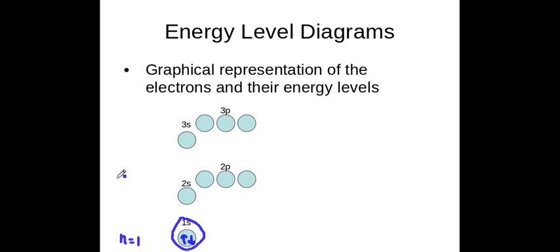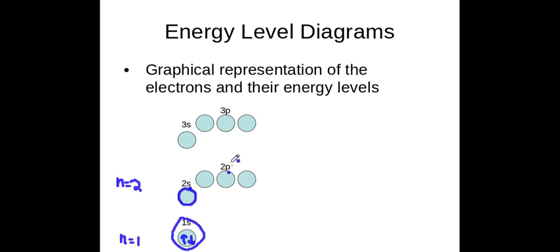Now, when n equals 2, the second energy level, we knew that there were 2 shapes: the 0 shape and the 1 shape, which we're now going to call the S shape and the P shape. The S shape has 1 orientation, so we have 1 spot to put electrons.